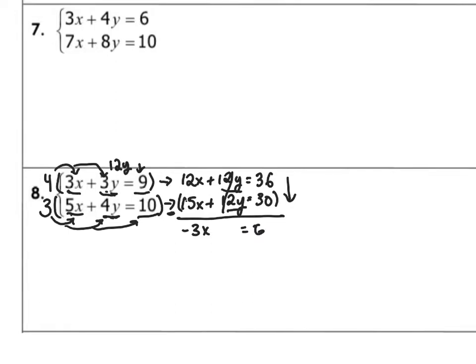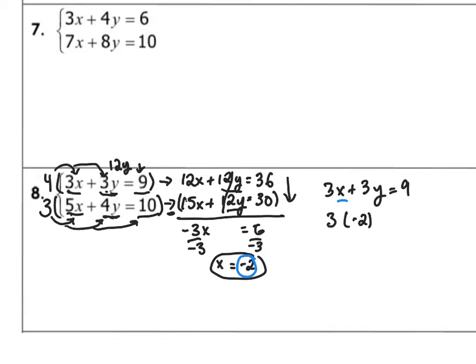Now we divide both sides by negative 3 to solve for x, so x equals negative 2. Now pick one of the original equations. I'll pick the first one, 3x plus 3y equals 9. Substitute that x in here: 3 times negative 2 plus 3y equals 9.